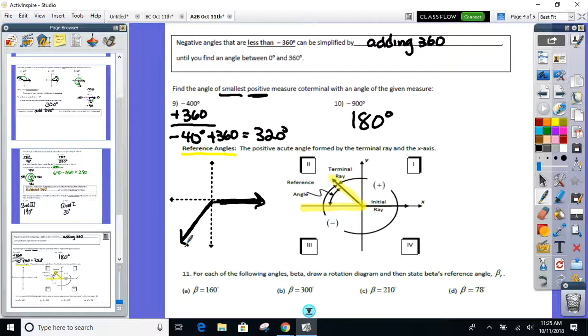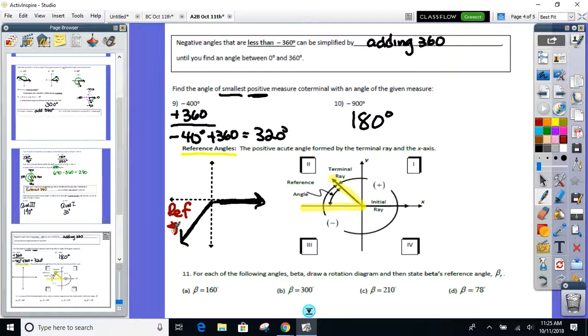Everyone's got one in the third. Where would the reference angle be? Could you just write in REF angle? How's it formed again? The terminal side and what axis? The X. Do you see that angle that's formed by the X-axis and the terminal side? That is your reference angle for this quadrant. Reference angle right here.